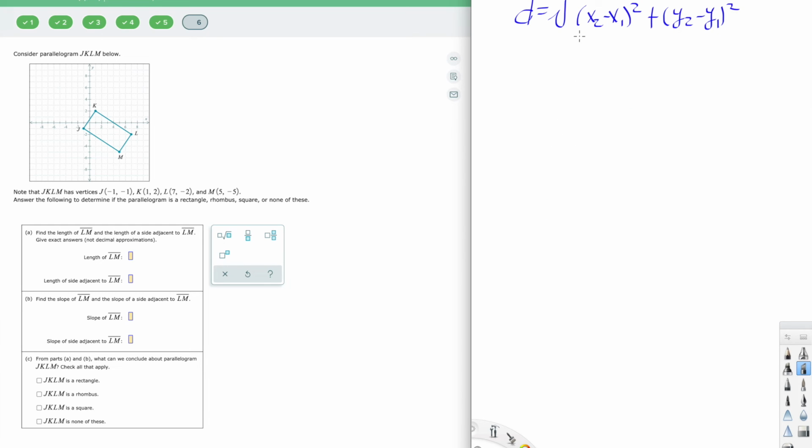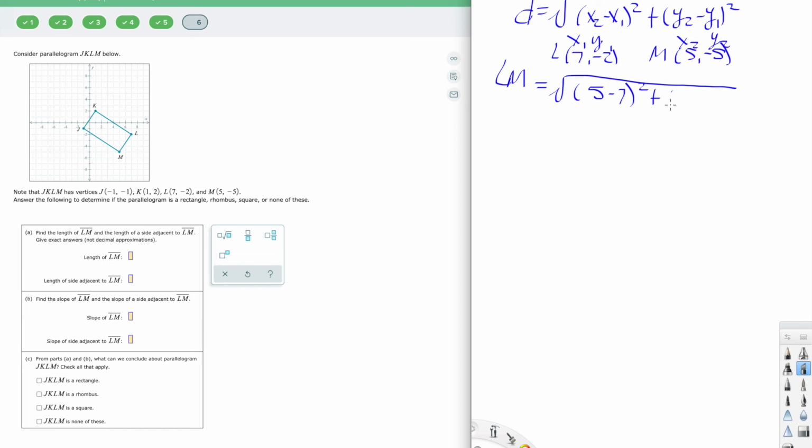All right, so we're going to go LM. L is 7, negative 2. M is 5, negative 5. Remember it's x1, y1, x2, y2, and the subscripts just mean 0.1, 0.2. So I have 5 minus 7 squared plus negative 5 minus negative 2 squared.